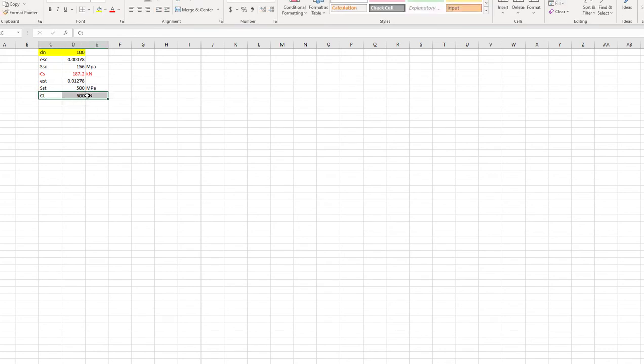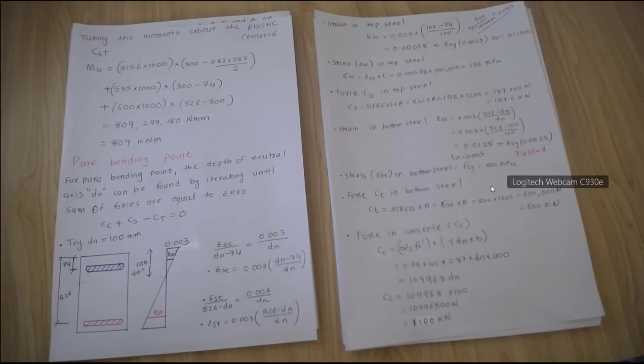Let's put all the forces in red, and let's check whether we got 600 kilonewtons here. 600 kilonewtons, I just have this force times 1200, these values. Now for the force in the concrete, we can straight away use this 10996.8.